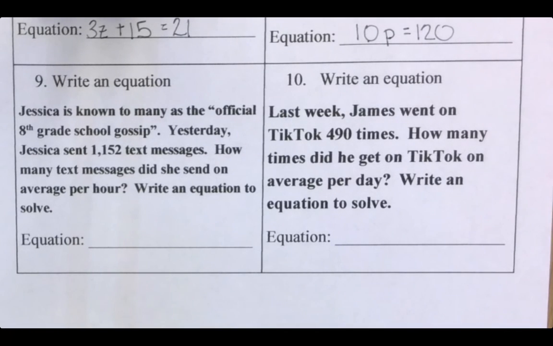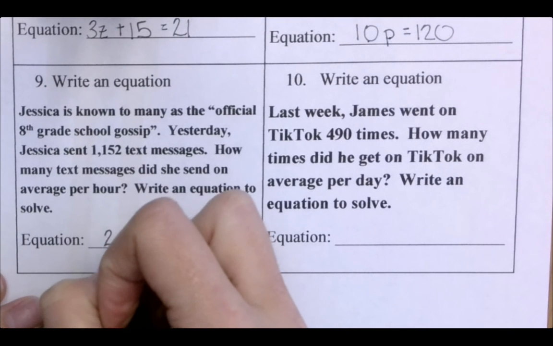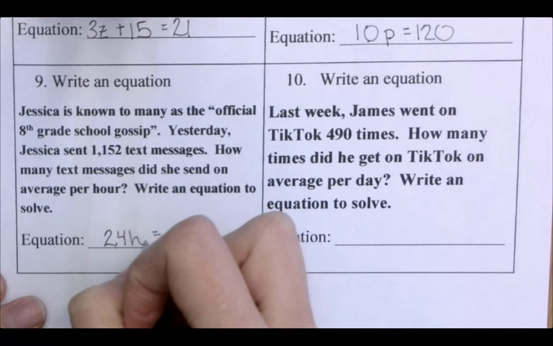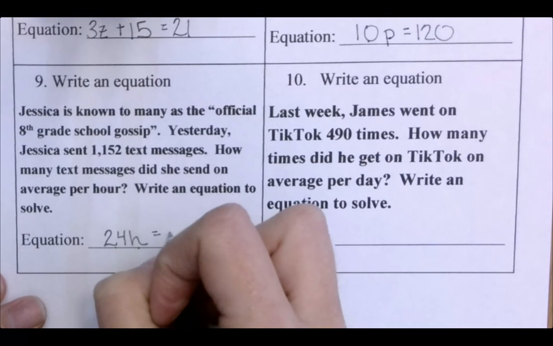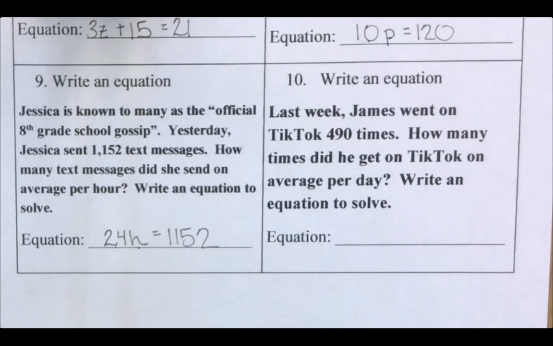So let's start with how many hours are in a day? 24. Good. So we have 24 hours in a day. So 24 times however many she does per hour is going to equal that total.